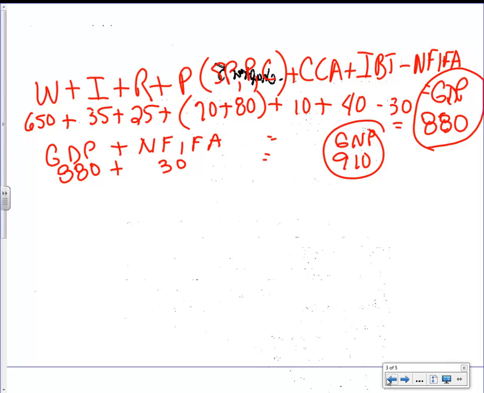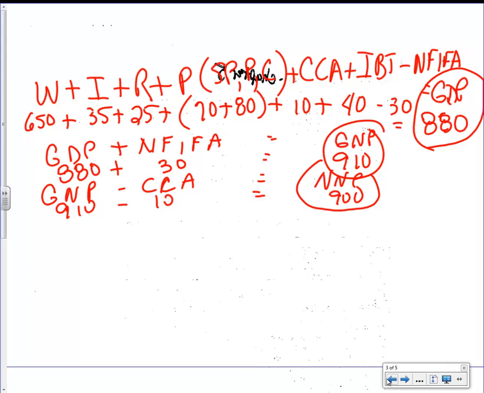To find our net national product, we're going to take our gross national product and back out capital consumption allowance, and that will give us net national product. So gross national product was 910, capital consumption allowance is 10, so our net national product is 900.